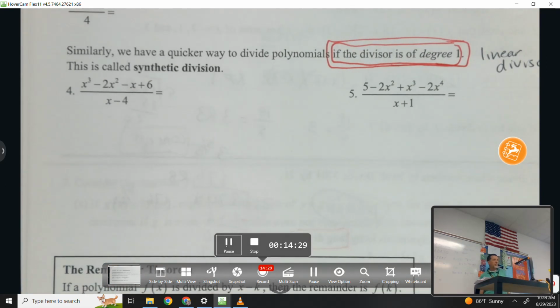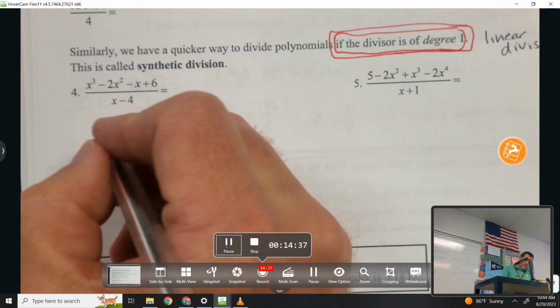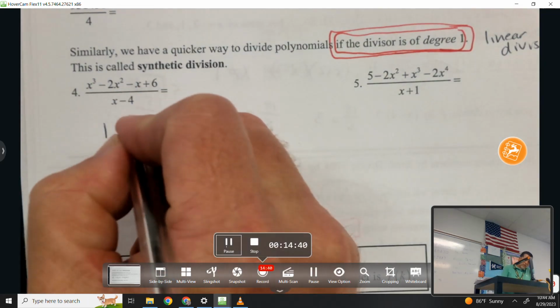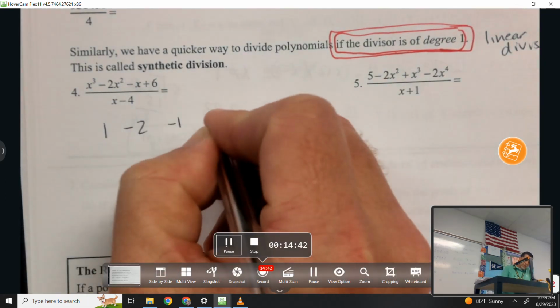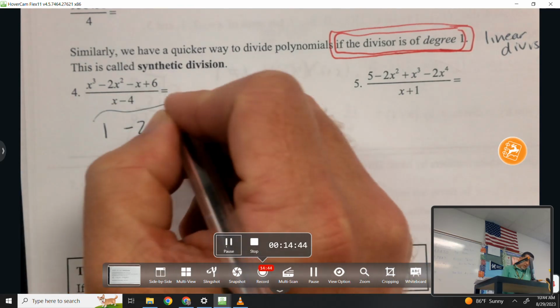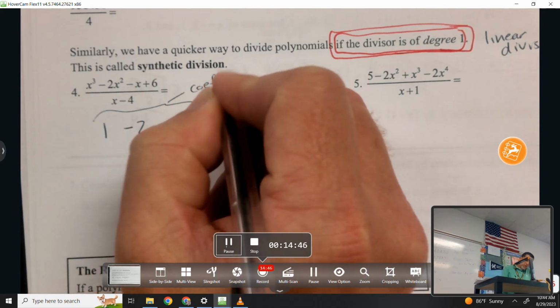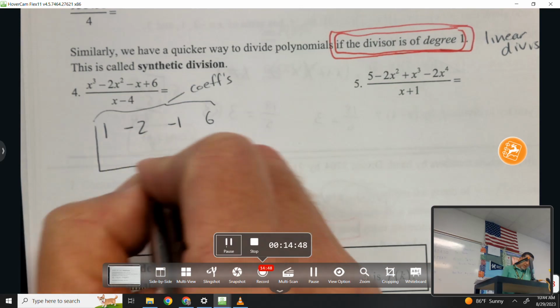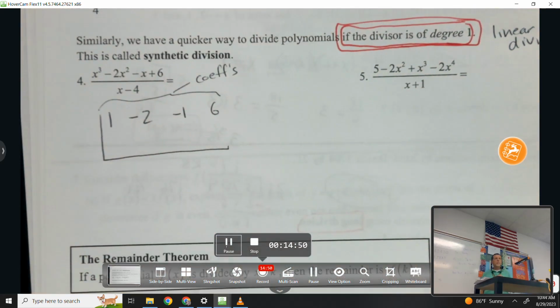Synthetic division. 3rd period suggested y'all did this last year. Do you remember how to do it? Well, we write down the coefficients. Starting to look familiar, and so instead of the house on top, it's like a house below.